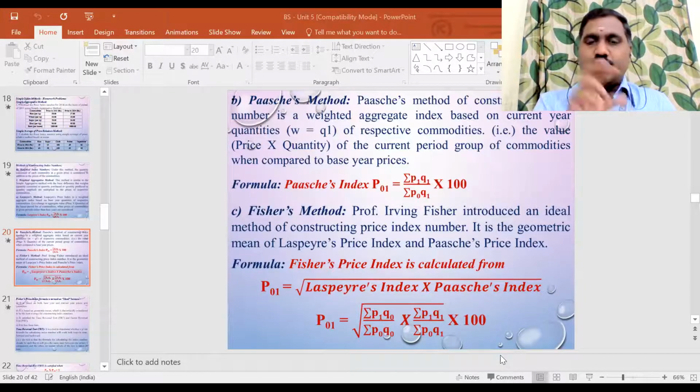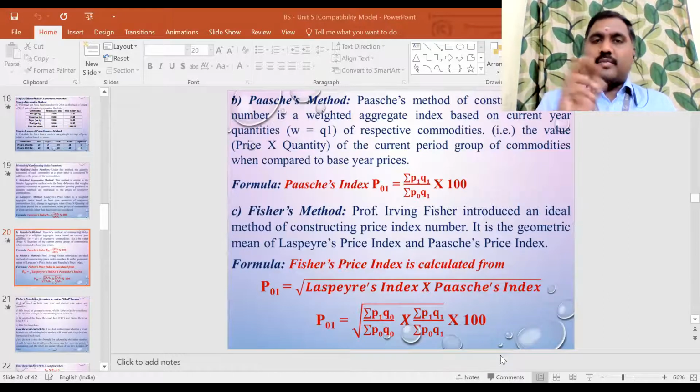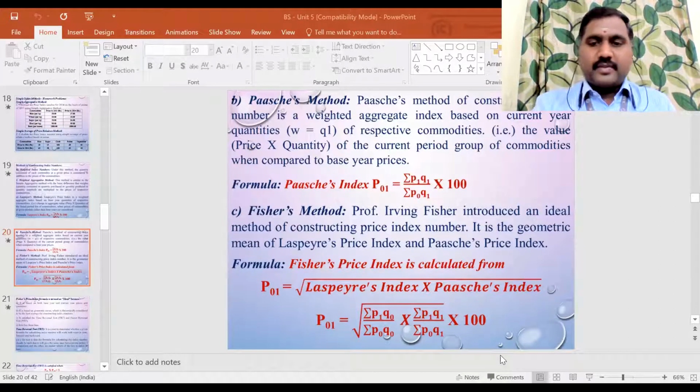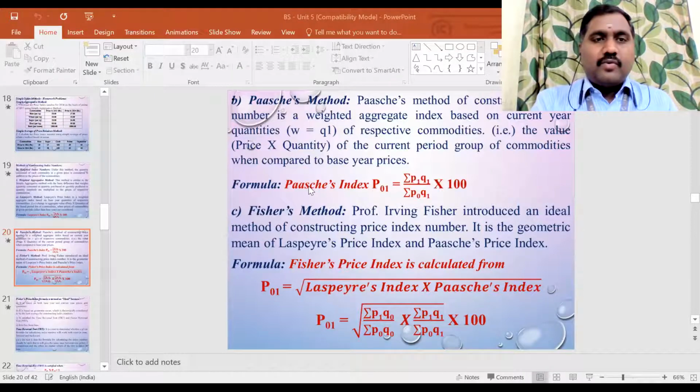You know which is P0, P1, Q0, Q1, and open two more columns. According to the formula, find out P0 Q1, P1 Q0 or P1 Q1, depending upon the formula. Find the total value of those columns, divide, and multiply by 100. You will get the index number. Any doubts? Okay, clear. Now we will move to the next method.